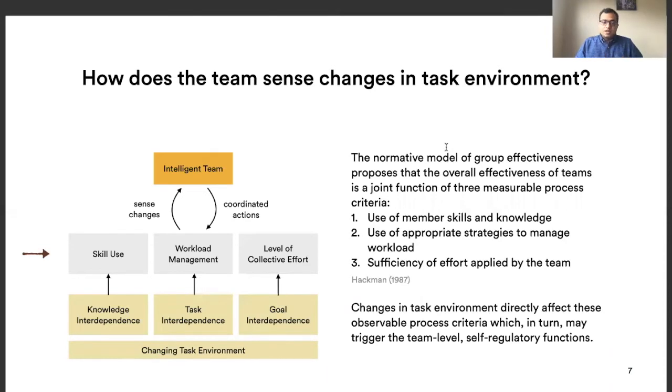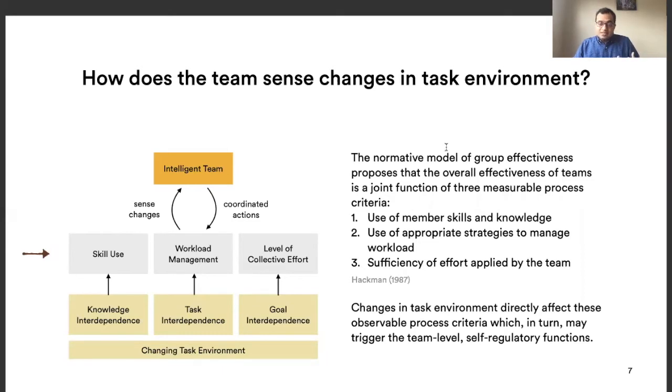So let's jump in. How does a team sense these changes? For this, we rely on an old theory that has been very effective on group effectiveness. Hackman proposes, and it has been found to be very useful, that there are 3 measurable process criteria that every group goes through, that can be observed, and that define how effective the group is.